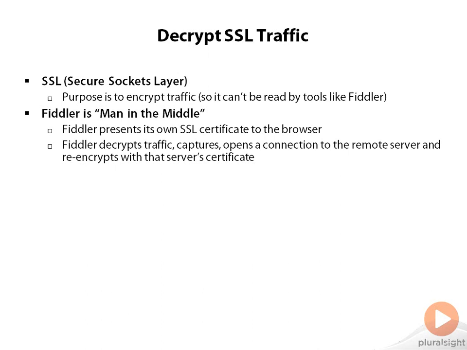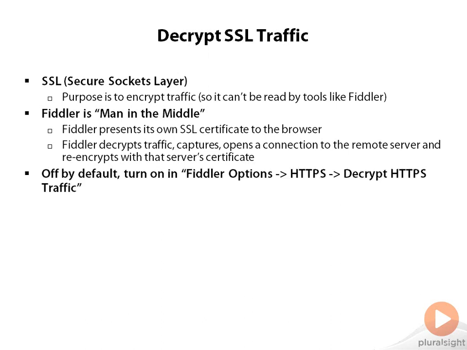The browser then sends the traffic encrypted using that SSL certificate, which Fiddler is able to decrypt. So it encrypts it on the browser, sends it, Fiddler takes it, decrypts it, then Fiddler goes out to the real web server, gets its SSL certificate, re-encrypts the information, and sends it off to the web server. So by doing this, Fiddler is able to sit in the middle, do the decryption, and then re-encrypt.